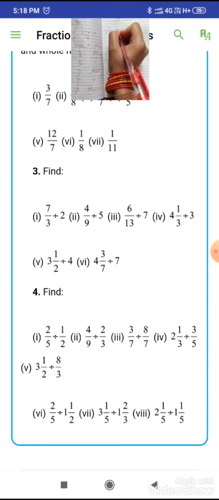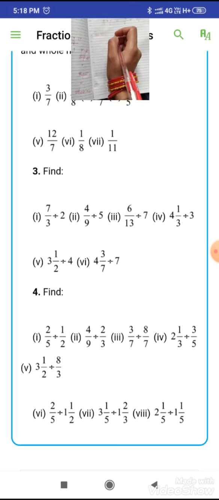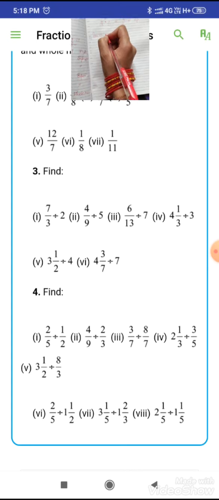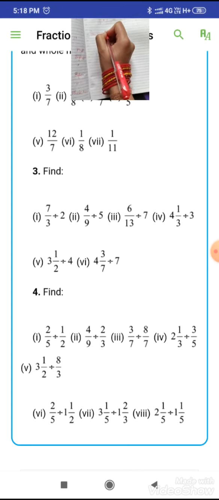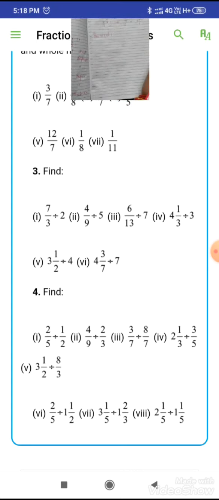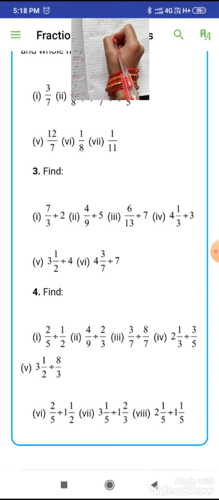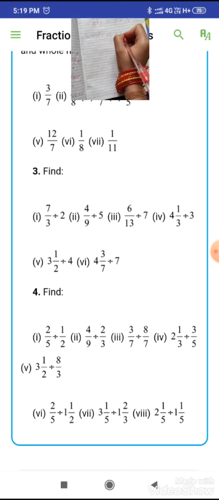In question number 4, we have to divide a fraction by a fraction, and we take its seventh part. So seventh part of this question is 3 whole 1 by 5 is divided by 1 whole 2 by 3.